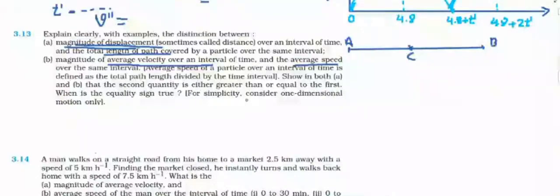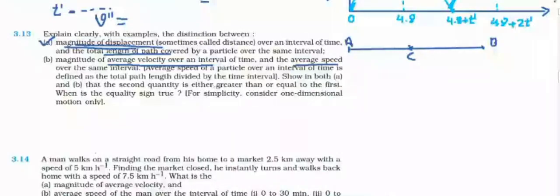So here also you can see, just like distance and displacement, the magnitude of average velocity can be equal to the speed of the object, or it is less than the speed of the object, because average velocity is displacement divided by time, and average speed is distance divided by time. So whatever we have seen in part A, that same is applicable for part B also.